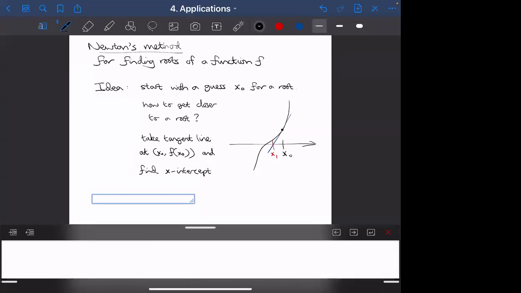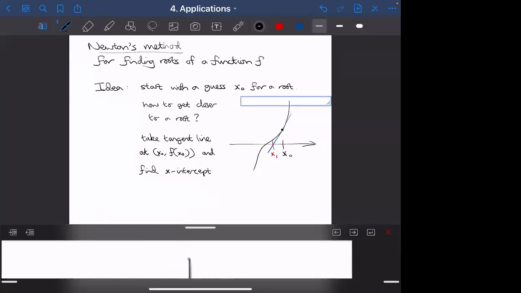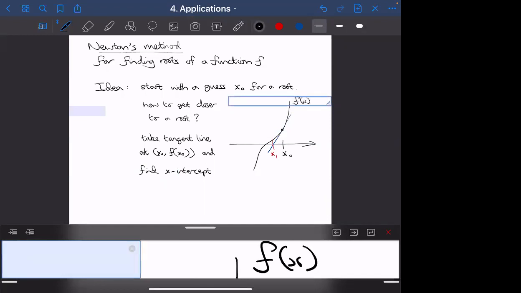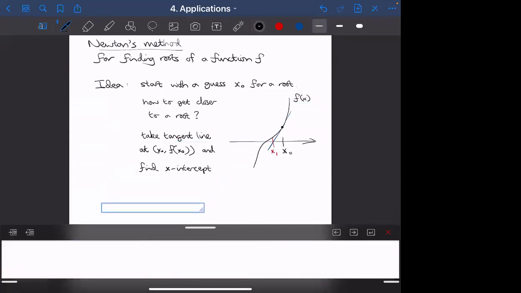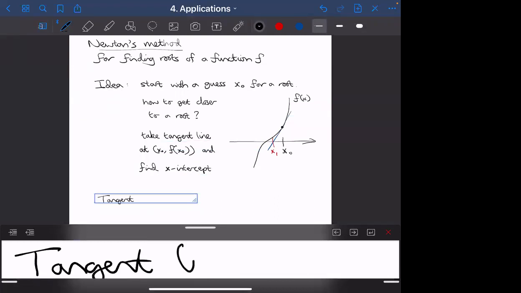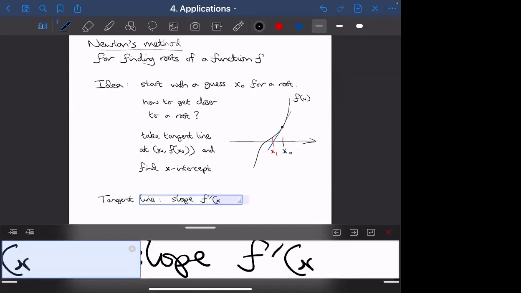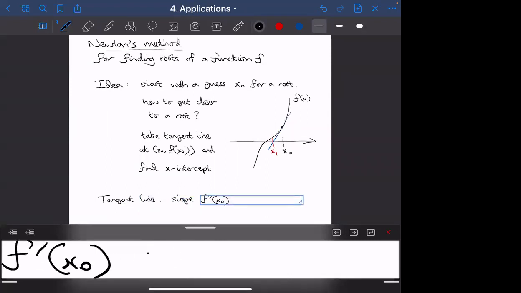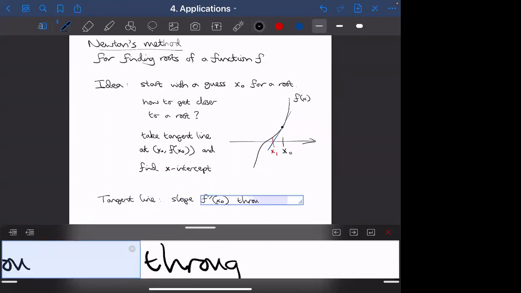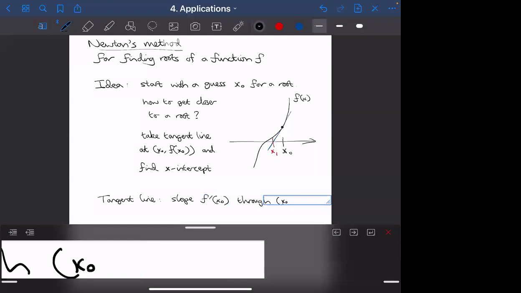So, say this is the function f of x. The tangent line has slope f prime x0, and it's through the point x0, f(x0).